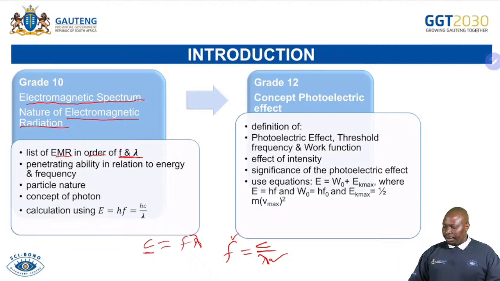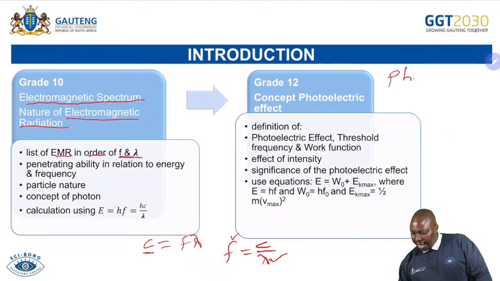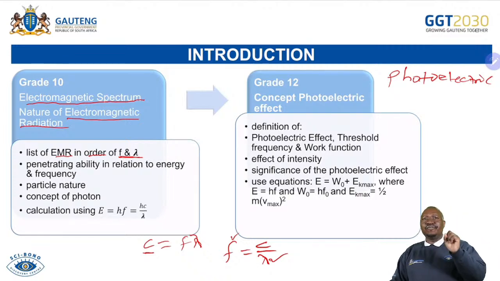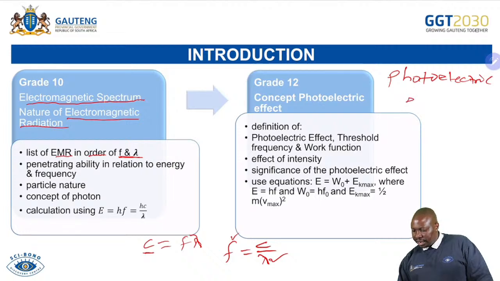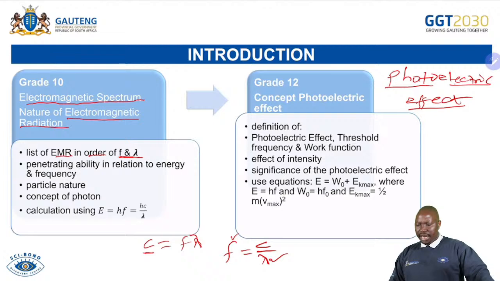This topic is about light, and we're saying photo. Remember that the word photo stands for light. So we're going to do photo, which is light, and electric, where we're talking about charges. In this case, we're going to focus on electrons. So the topic is photoelectric effect, meaning that we're going to look at the effect of light on the electrons, how the electrons behave when they gain energy.